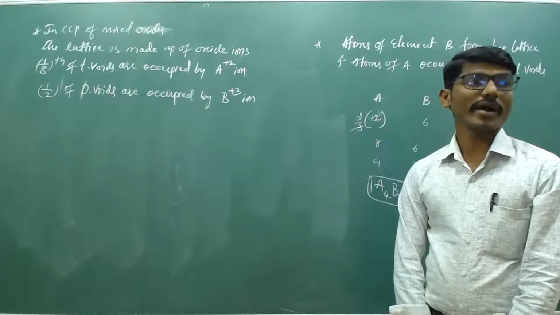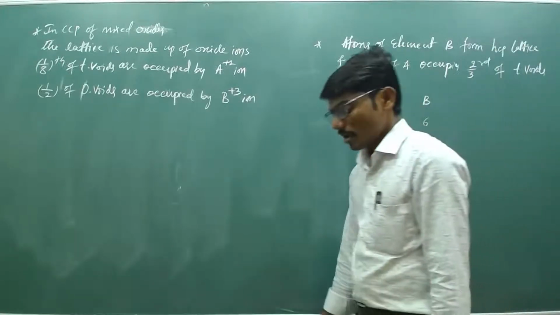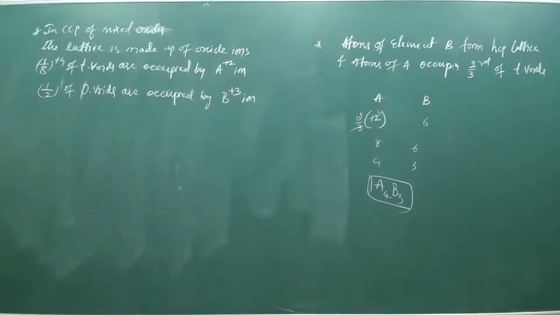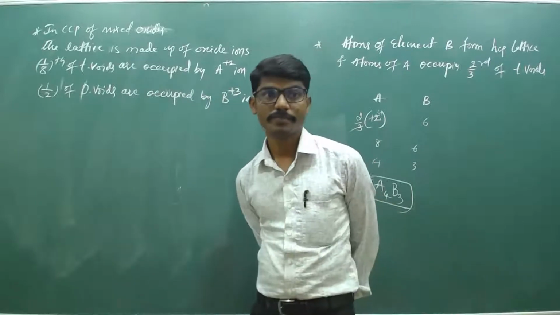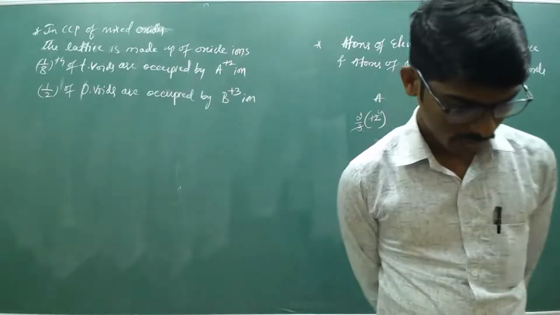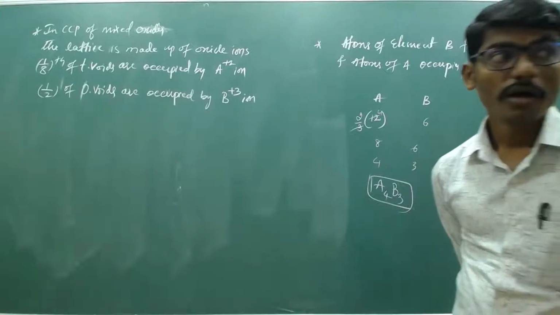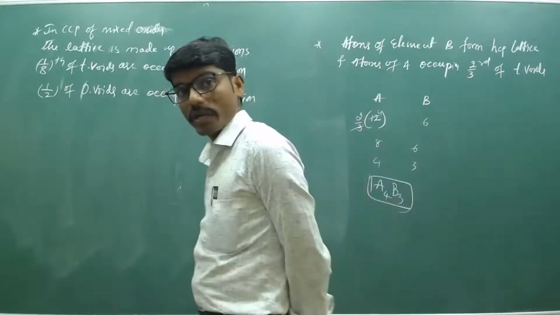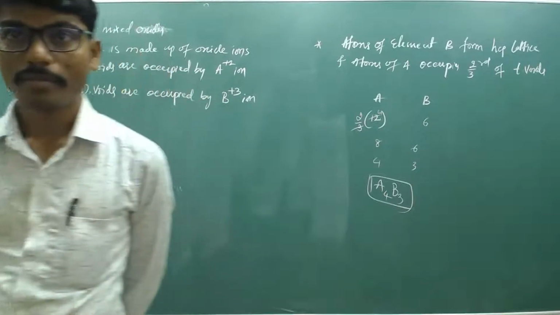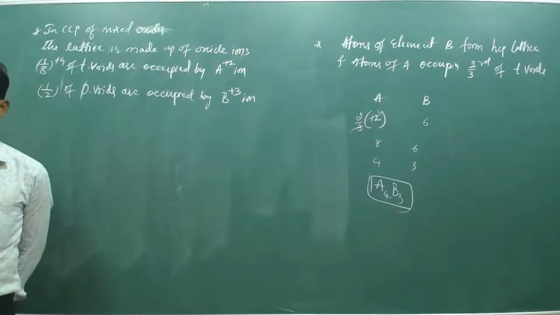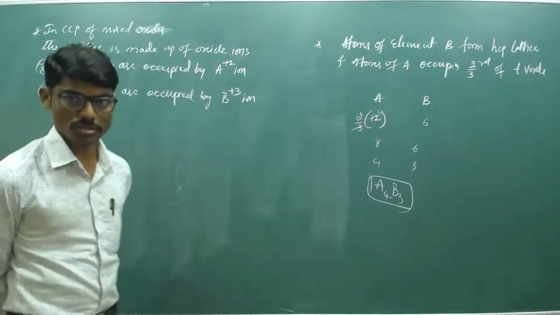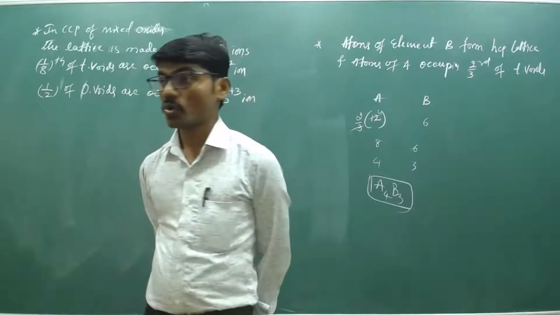Tetrahedral and octahedral voids are occupied by ions A and B. So therefore, we can find out the formula of the mixed oxide. A is a plus 2 ion, B is a plus 3 ion. So the formula must contain A, B, and O, oxygen, because it is an oxide.